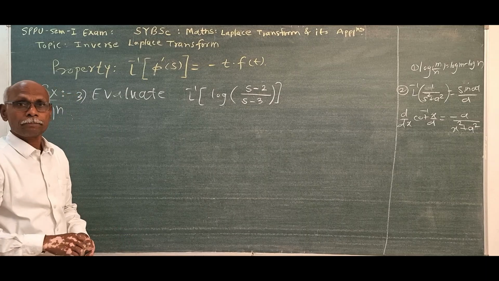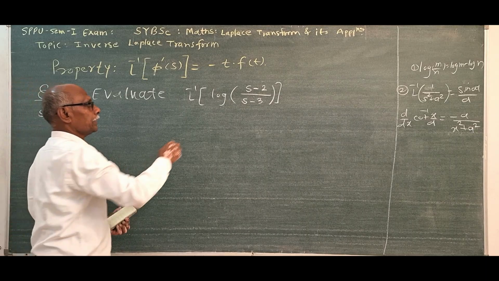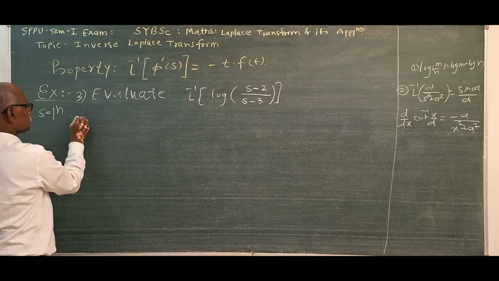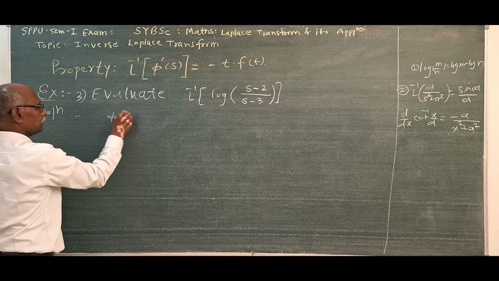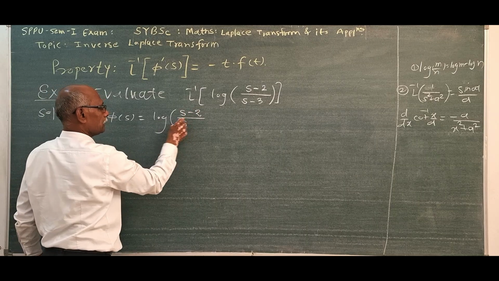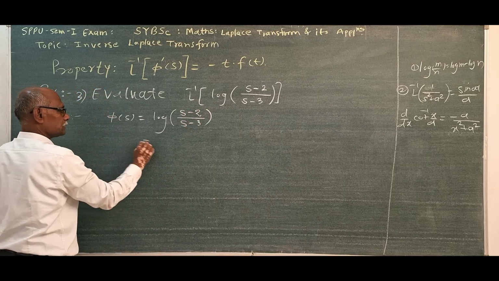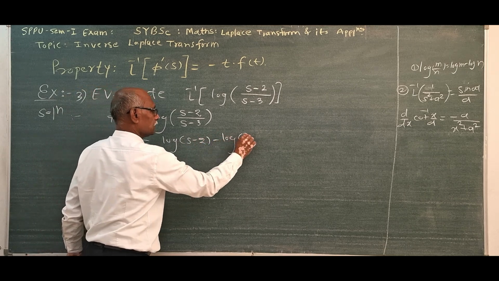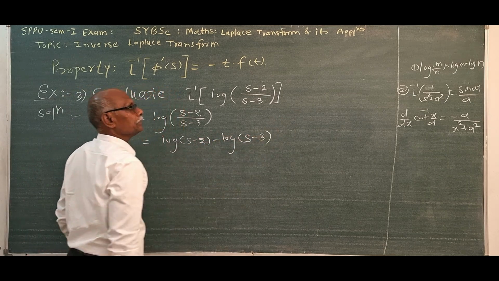What we have done is we have taken s minus 2 and s minus 3 as a and b. So solution here phi s is supposed to be log of s minus 2 divided by s minus 3, and which is simple. Log of s minus 2 minus log of s minus 3 we can observe.